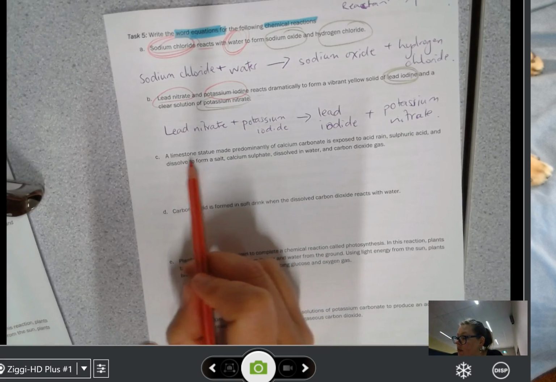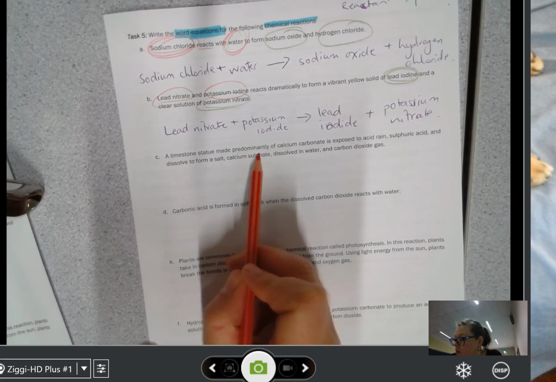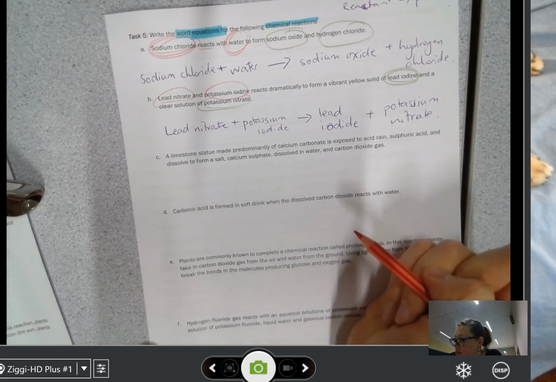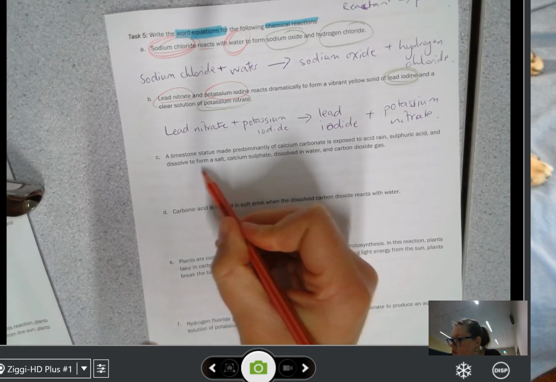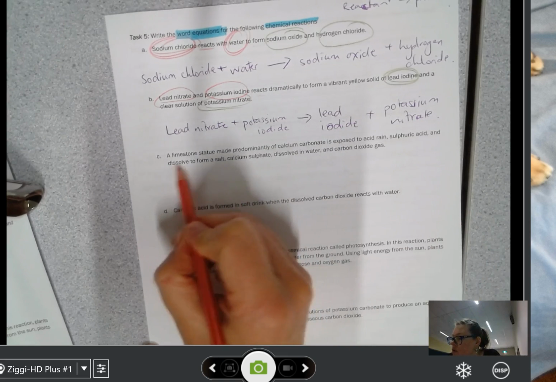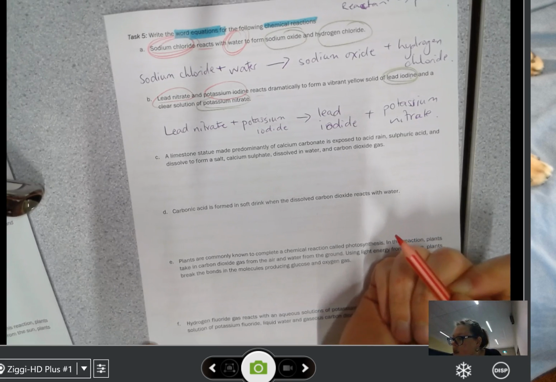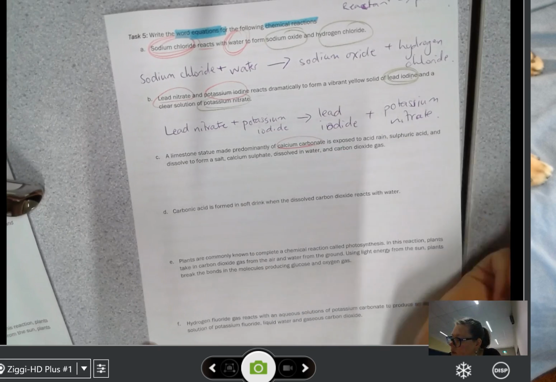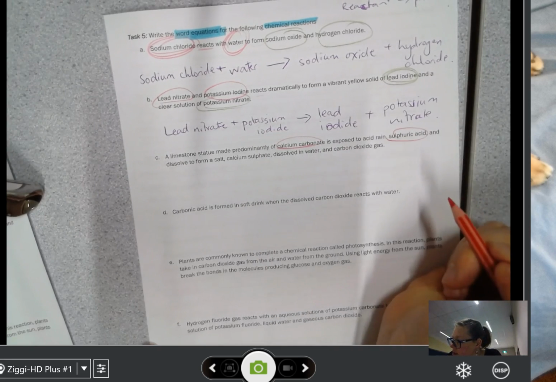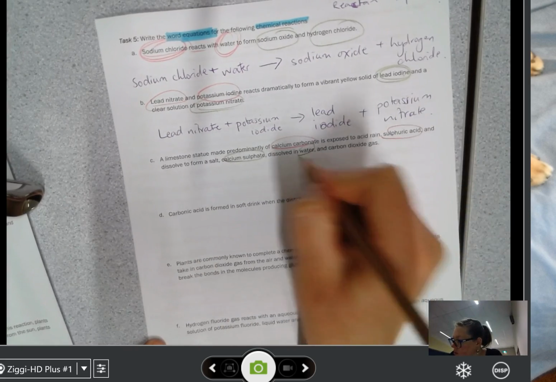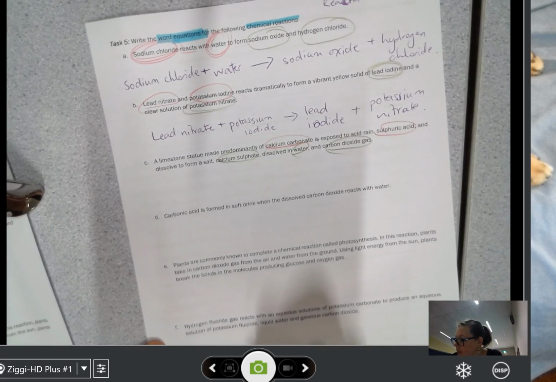For this one, a limestone statue made predominantly of calcium carbonate is exposed to acid rain, sulfuric acid, and dissolves to form the salts. So the dissolve implies that there is actually a reaction occurring because you have a solid going into an aqueous state. So our reactants are calcium carbonate and the sulfuric acid. Our products are calcium sulfate, water, and carbon dioxide gas.